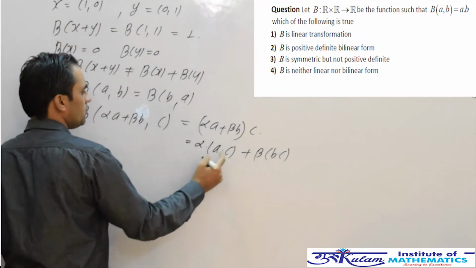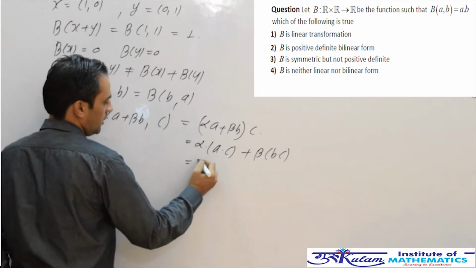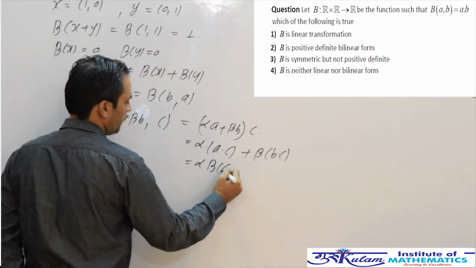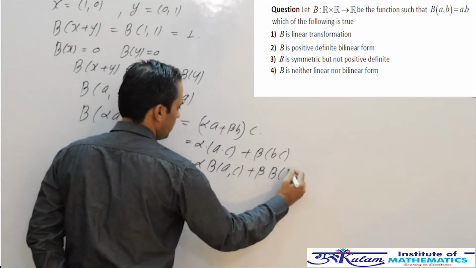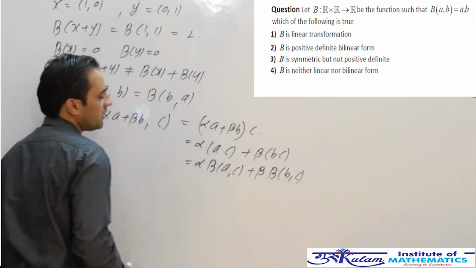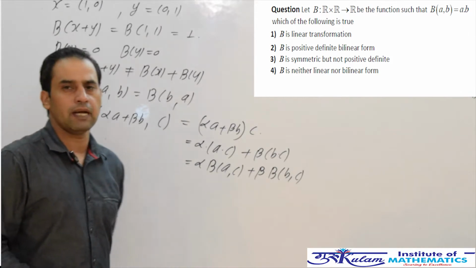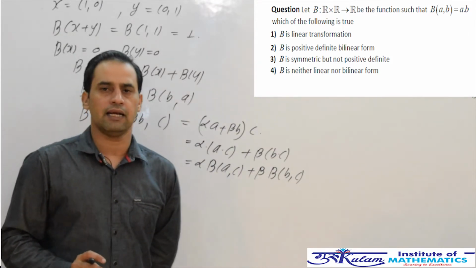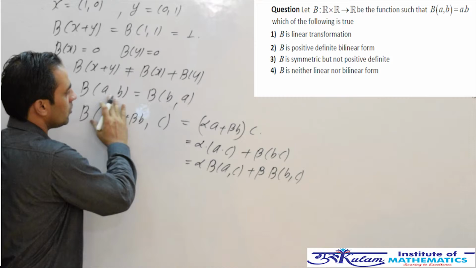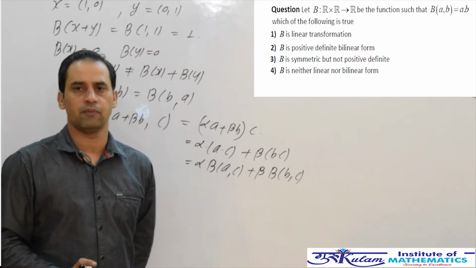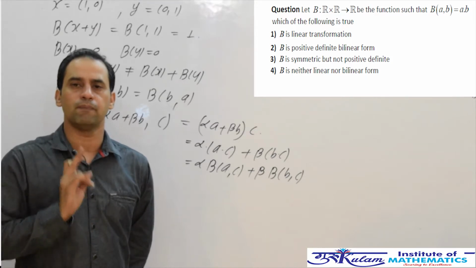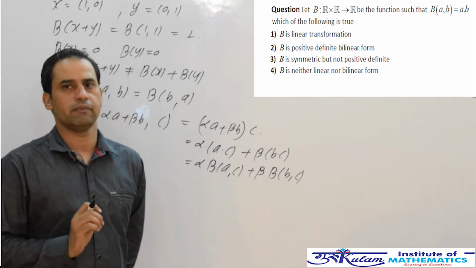Then a into c is simply B of (a, c). So alpha times B of (a, c) plus beta times B of (b, c). That is, this function is linear in the first component, and since it is symmetric, it is also linear in the second component. Hence this function is a bilinear form and a symmetric form.